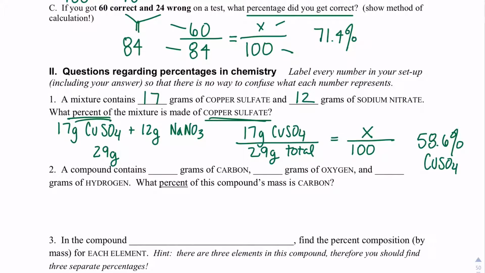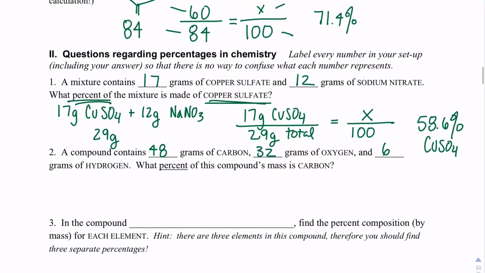Now let's say we had a compound containing 48 grams of carbon, 32 grams of oxygen, and 6 grams of hydrogen. What percent of this compound's mass is carbon? Again, in the same respect, we need to figure out what the total weight is first, because that's what a percent is. It's the part out of the total. So here we're looking at the part out of the total weight of our molecules.